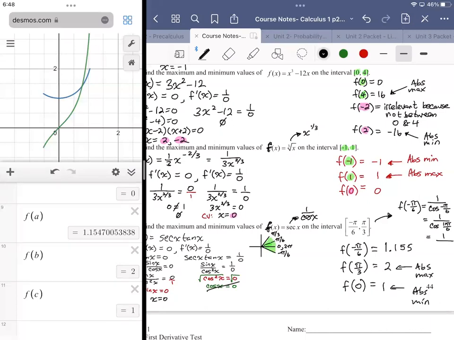Let me just pull one up. A decent one here. And I found the ones that I completed. That's nice.